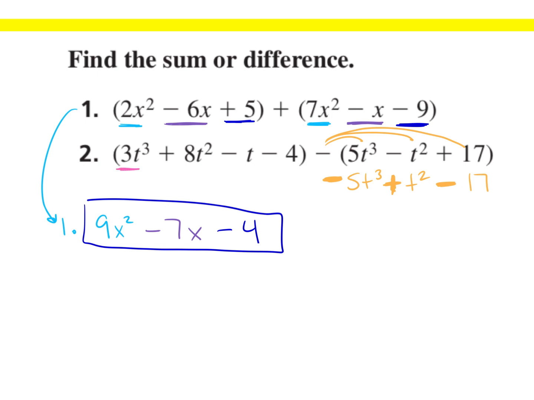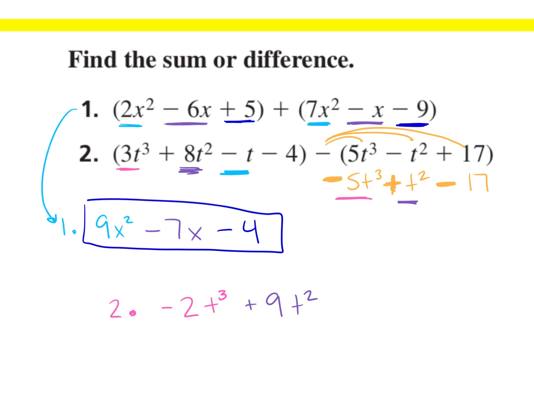So what's 3t cubed minus 5t cubed? Negative 2t cubed. Perfect. What about 8t squared plus t squared? So plus 9t squared. Do I have a like term with negative t?